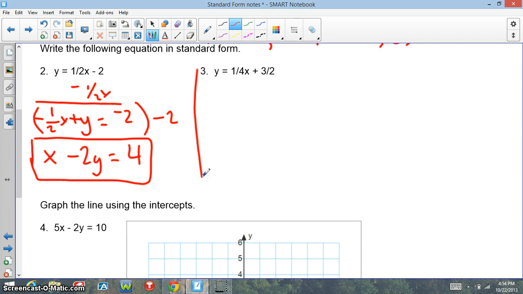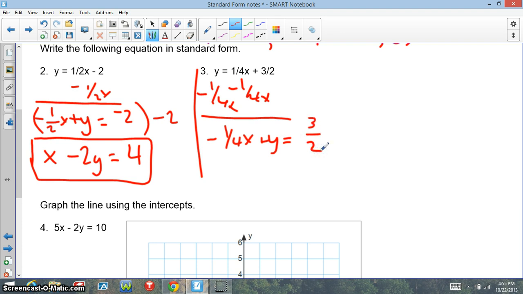Next example. Again, I want to get the x's and y's on the same side, so I'm going to subtract 1/4 x from both sides. That gives me a negative 1/4 x plus y equals 3 over 2. Now again, I want the x value to be positive and a whole number.